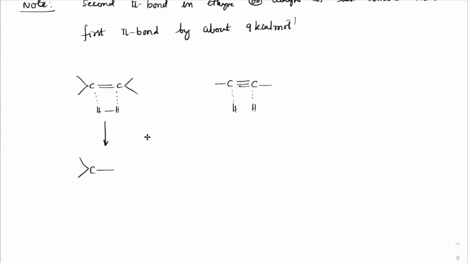So the delta H of hydrogenation here, if you compare it with the delta H of hydrogenation for the formation of a double bond this way, the second case will have more energy release compared to the first case.